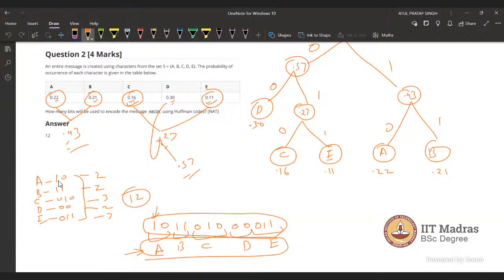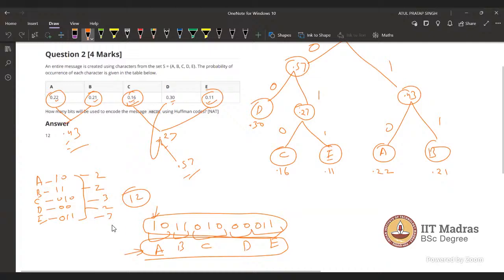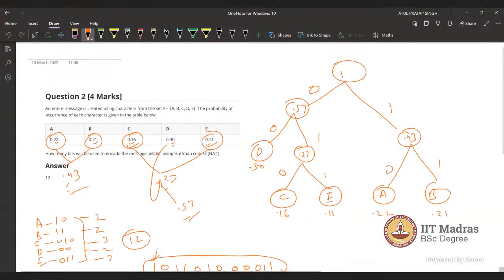If you see this 1 0, this 1 0 is not a prefix of another code. Same for the 1 1. You can see that 1 1 is not a prefix of other codes. If all codes have this property, these codes are called prefix codes. So this is the property of the Huffman codes.